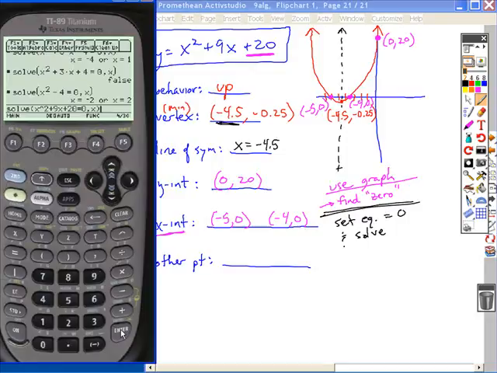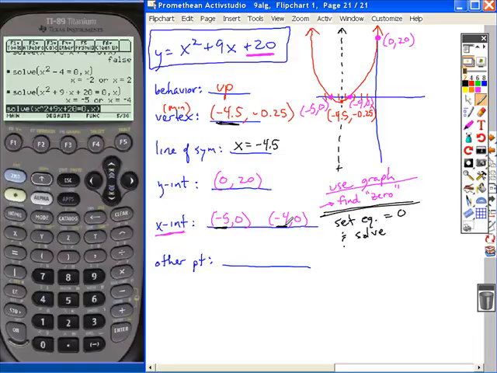And if you do this, you'll get your 2 solutions, -5 and -4. And just put the zeros for the corresponding y-coordinates. This tells you that the graph will pass through the x-axis at -5 and at -4.